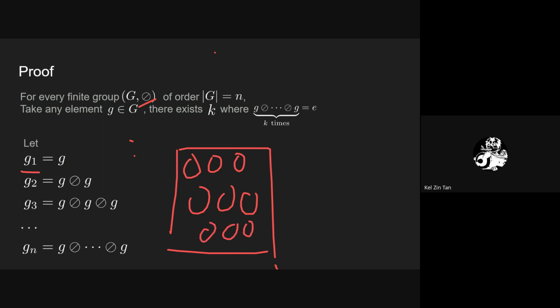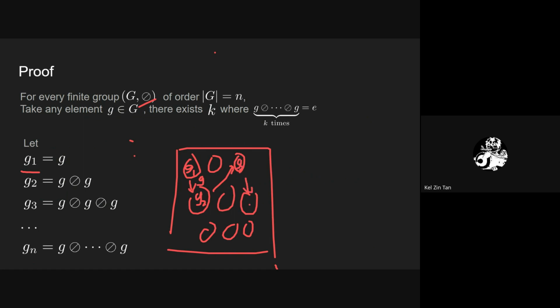Suppose my first element is g1. Because of the closure property, after applying it to myself, I could get something here. So this could be g2. Then I apply the group operation with g again, then I get g3, and this will be another element, and so on.